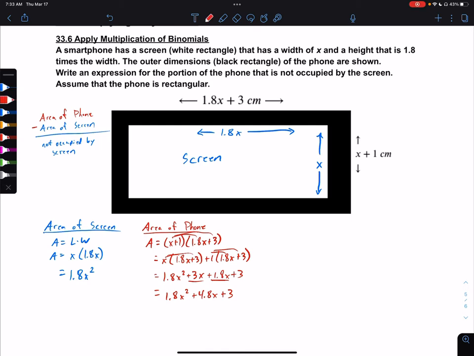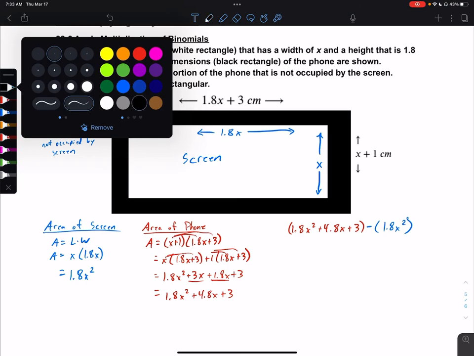So I'm going to take the 1.8x squared plus 4.8x plus 3, and now I want to subtract 1.8x squared from that. Shouldn't be too bad, right? It's a pretty straightforward problem.